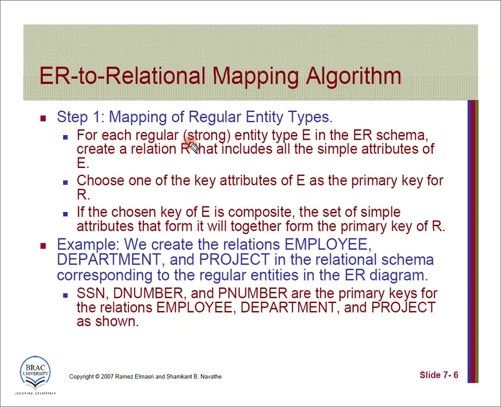For each regular entity type E in the ER diagram, we will create a relation R that includes all the simple attributes of E. That means, for example, there is a strong entity E in the ER diagram, and it has some attributes.